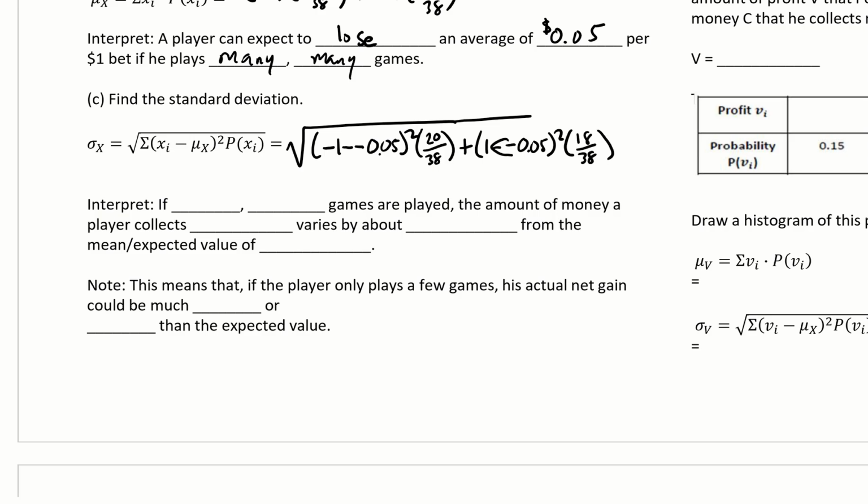And of course, you can turn this into a positive. And you'll get approximately $1. You get 0.998 or something like that, 0.999, which is about $1.